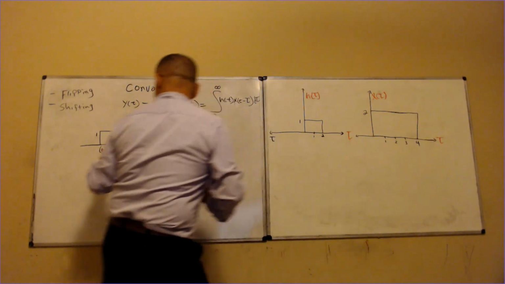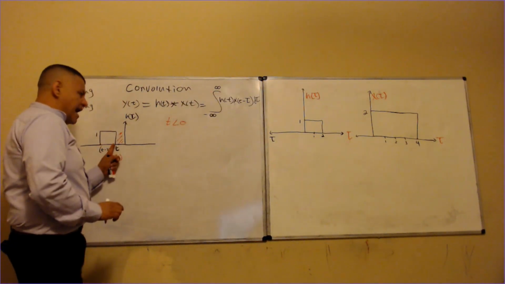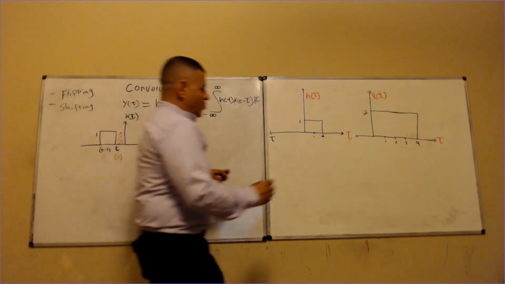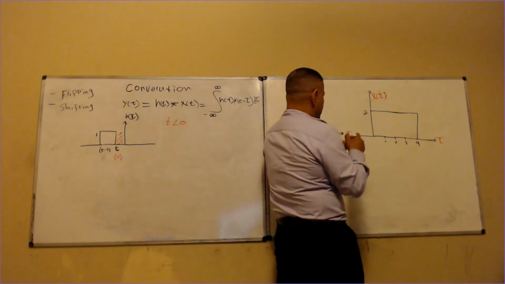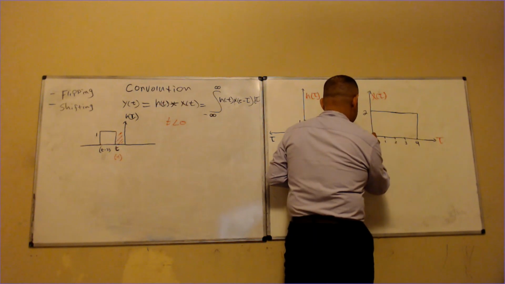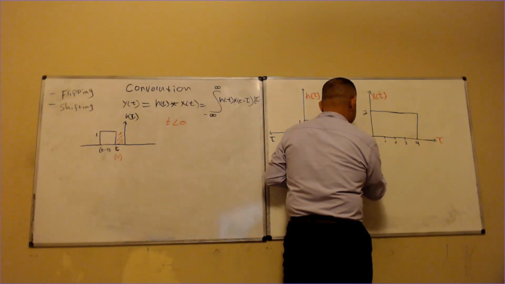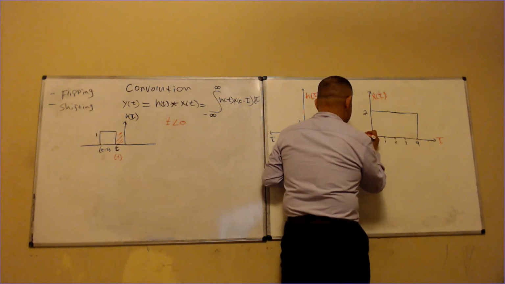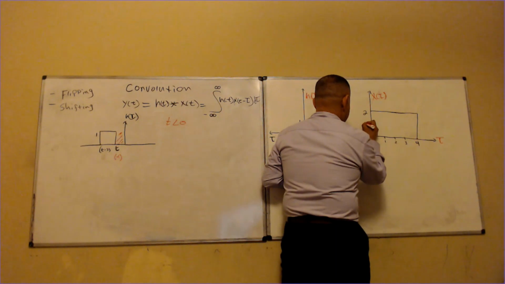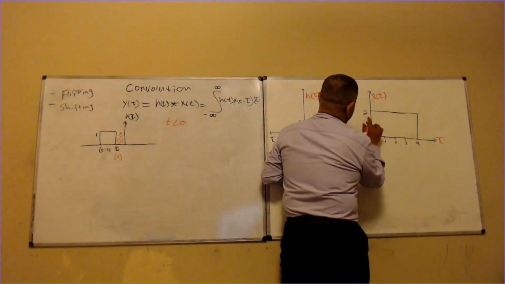So now I am going to shift. This corner is going to be at this point. So now this is going to be like this. It's going to go like this. So now this is -1. And the approximate right there will be 1, I guess.